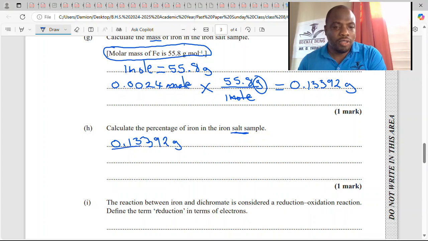over, or divided by, the total mass 0.500, times 100 over 1.